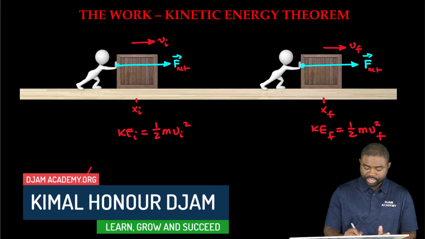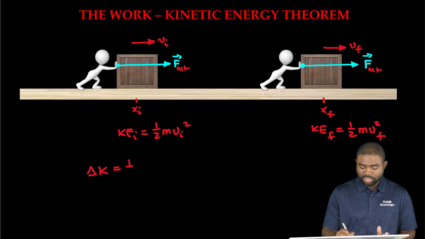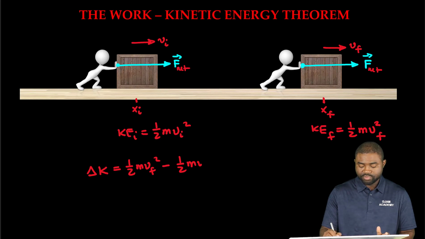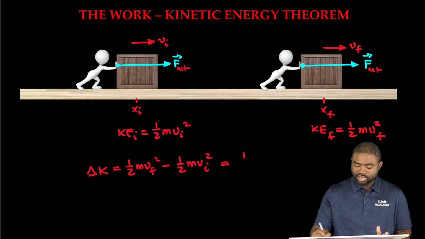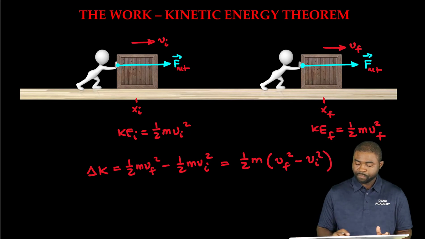Now the change in kinetic energy, delta K, will be equal to 1/2 m vf squared minus 1/2 m vi squared. This is equivalent to 1/2 m times the bracket vf squared minus vi squared.